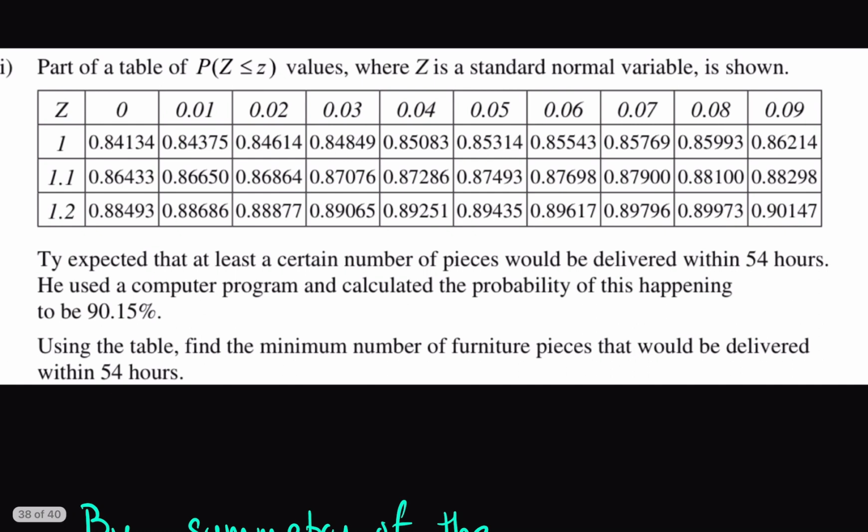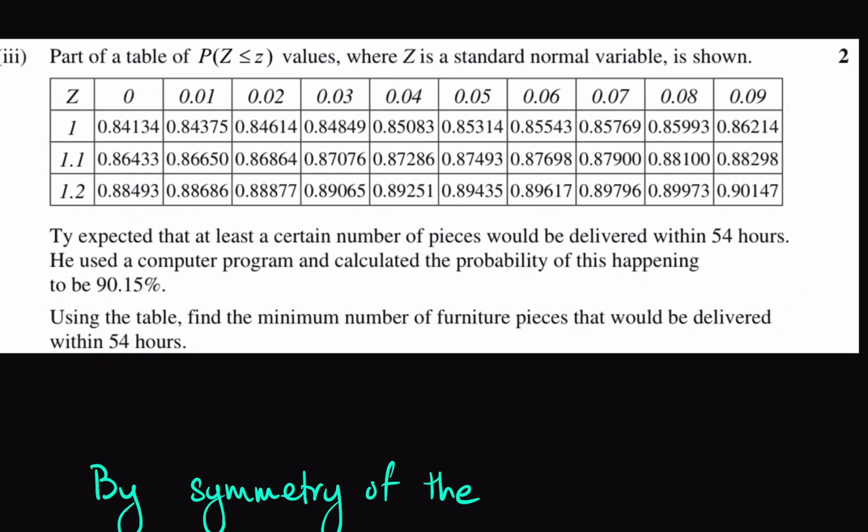When we're interpreting our table of values for our normal distributions and our probabilities, you notice that the z-scores we're working with are positive, and this is almost always the case when you're presented with this information.